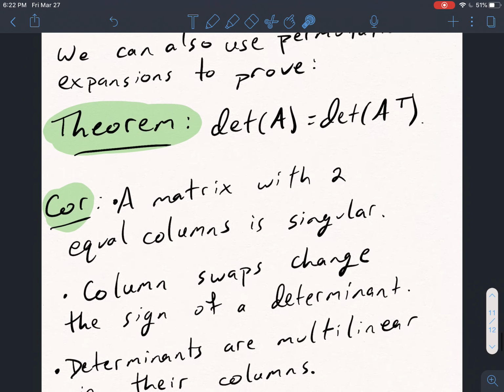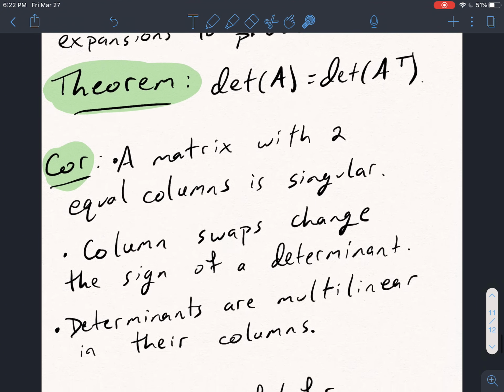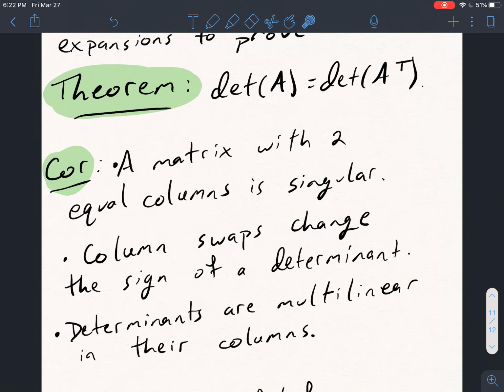A corollary to that is that you can talk about columns of matrices. What I mean by that is, if you have a matrix with two equal columns, that would be singular. The determinant would be 0 if you have two equal columns, and that's because we already know that the determinant of a matrix is equal to 0 if we have two equal rows.